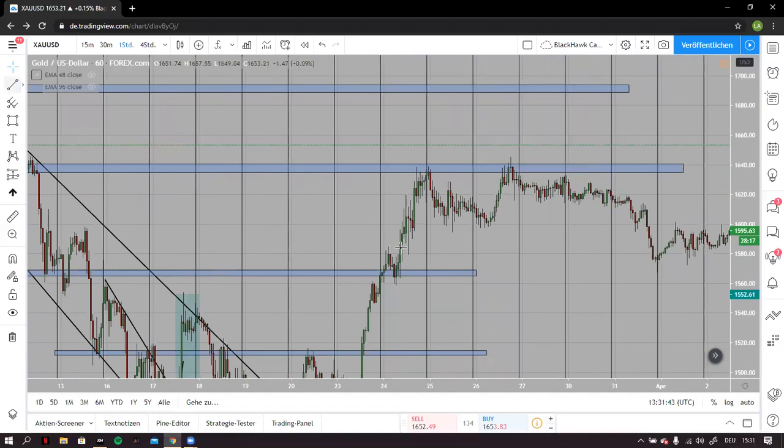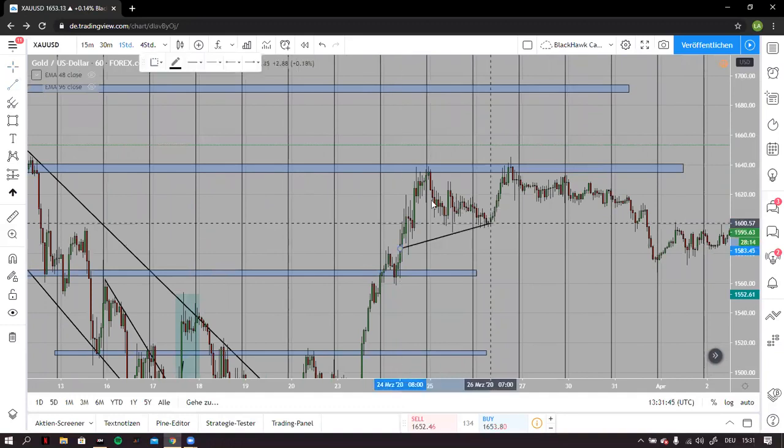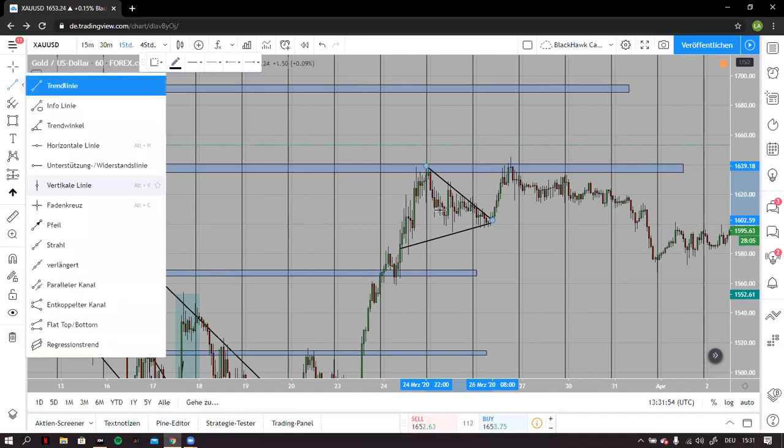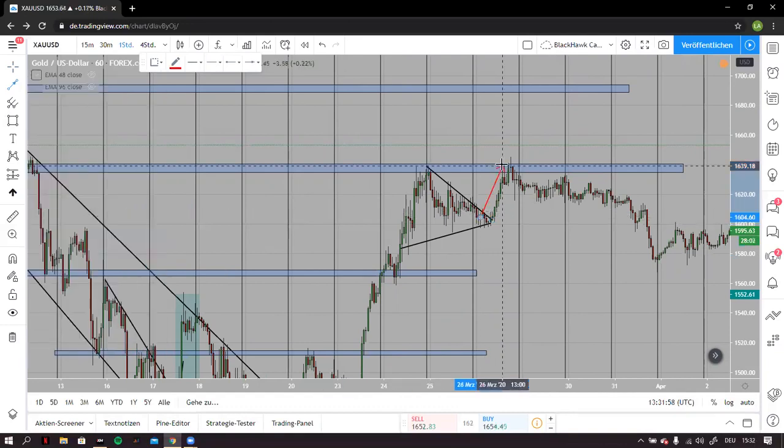Market makers came up, worked a high, and also made this wedge pattern with a fake breakout to the upside like this.